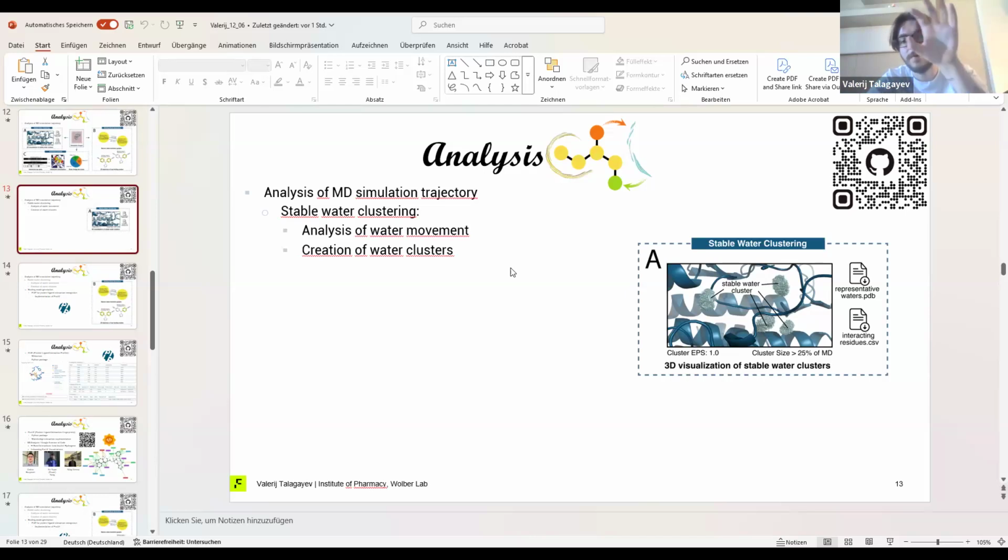For example, where you have a quite stable water, you instead put a hydrogen bond acceptor or donor, like an amine, that does the same interaction with the protein. You replace the position of the water molecule with a part of your ligand and get the interaction there, because it's quite stable, and this usually improves the binding affinity of your ligand with the protein.